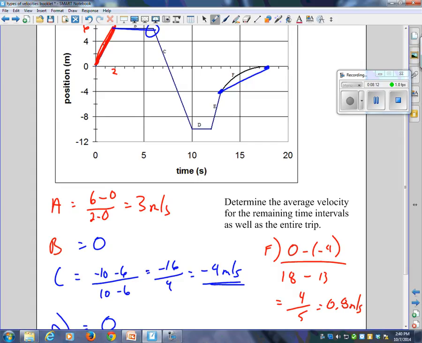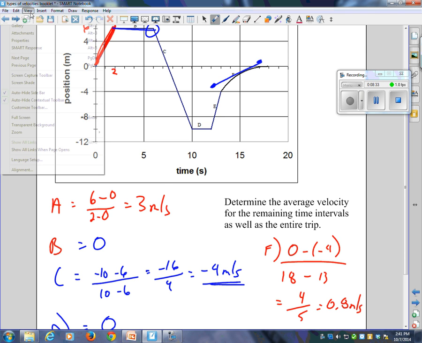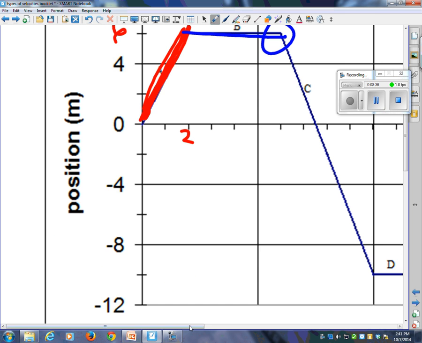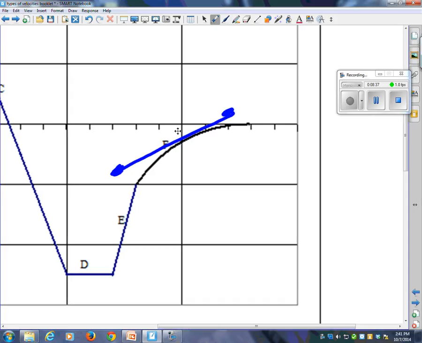Now, does the slope of the curve ever equal 0.8? Is there a point somewhere here where it's going to be 0.8? Somewhere right about there. If I zoom in a bit, does there have to be some point where the slope of the curve is exactly the same as the slope of that line?